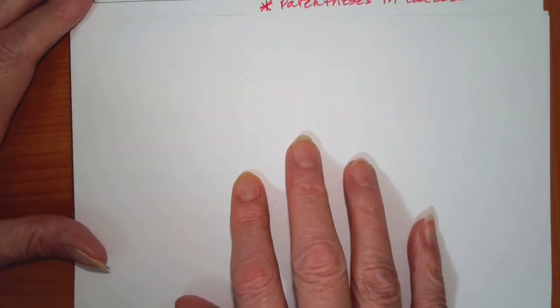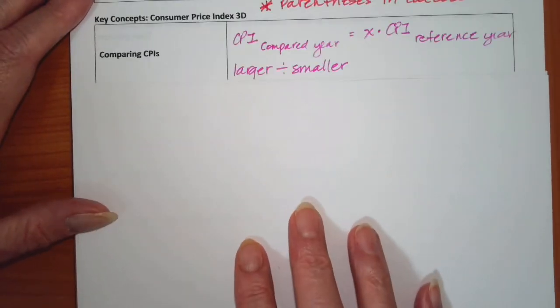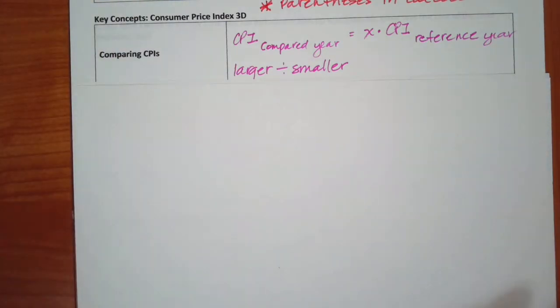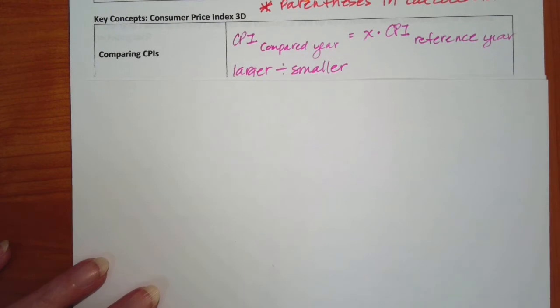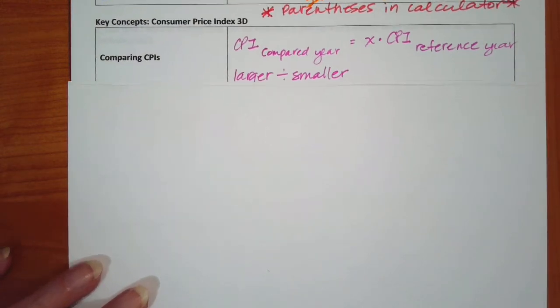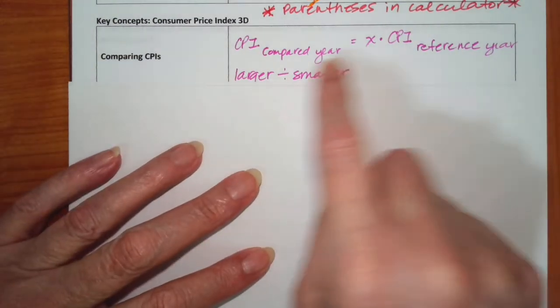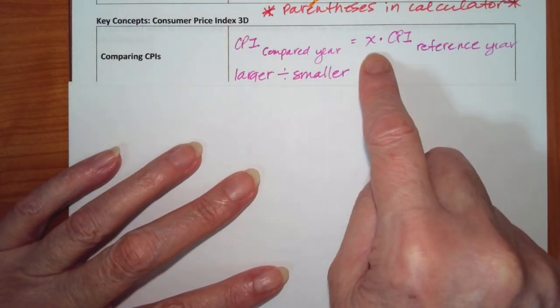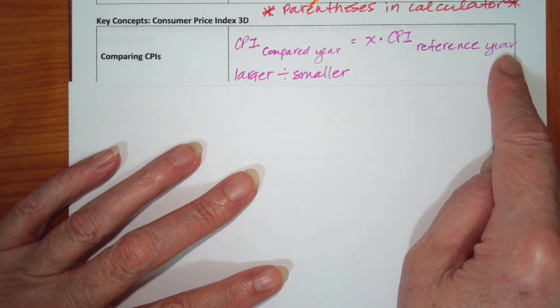Okay. All right. So then we went to the consumer price index, which, we always have a lot of good discussion in there, and what's really going on, what does it mean for my personal finance and that sort of thing. But if you want to compare the CPIs, what you're doing is you are just taking the compared year is equal to X times the CPI in the reference year.